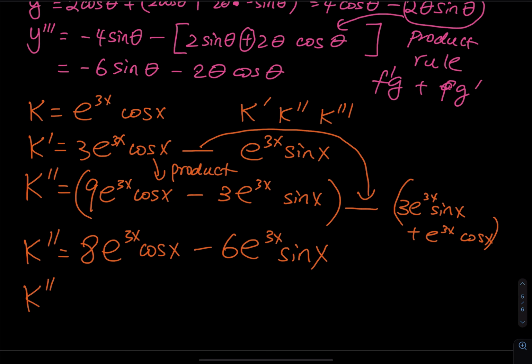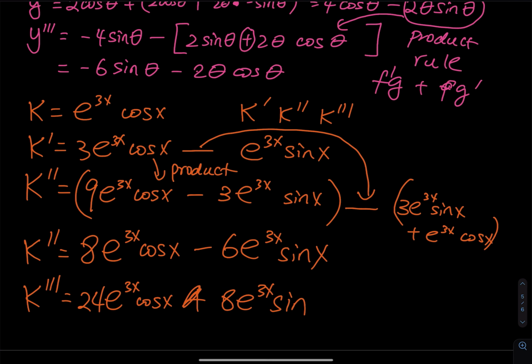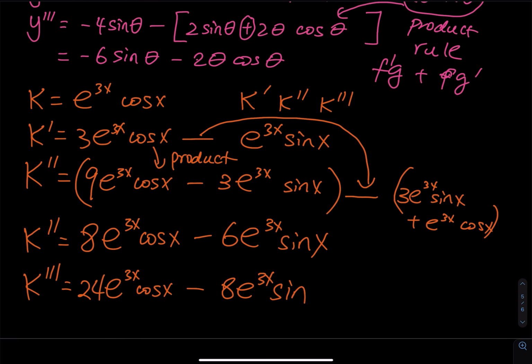So the third derivative, another product. So this is e to the 3x, 3 times 8 is 24 cosine x, and then plus 8e to the 3x negative sine, right? So this is a sine x. I will just erase the plus and then change that to a minus. And then what else?